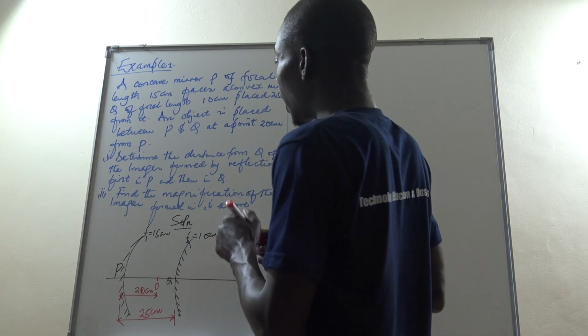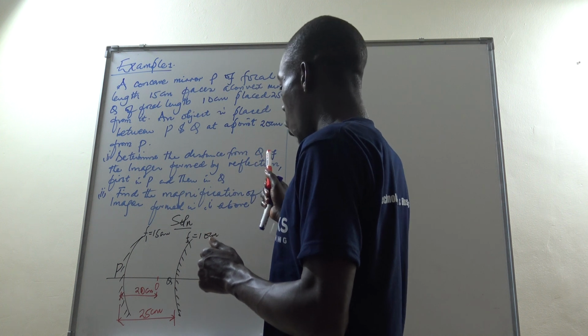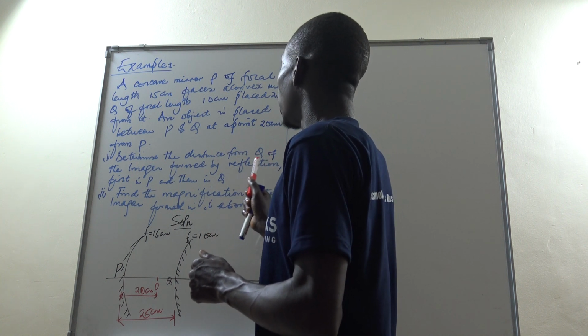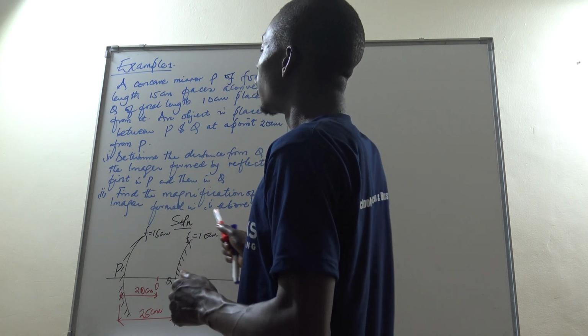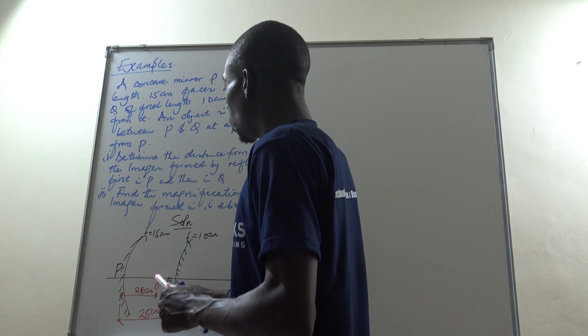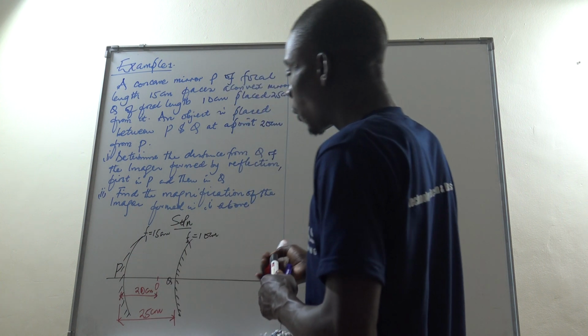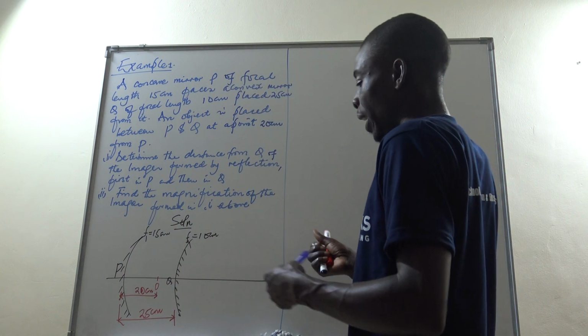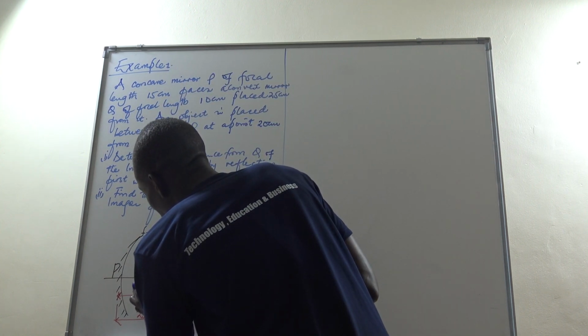And then they're telling you to determine the distance from Q, distance from here, of the image formed by reflection first in P. It should first go to P and then to Q. How can that actually happen? We shall say that if I have my object here, reflection will first go there.